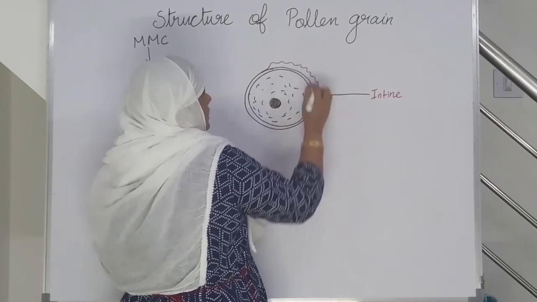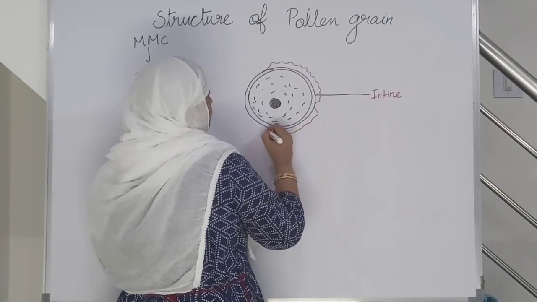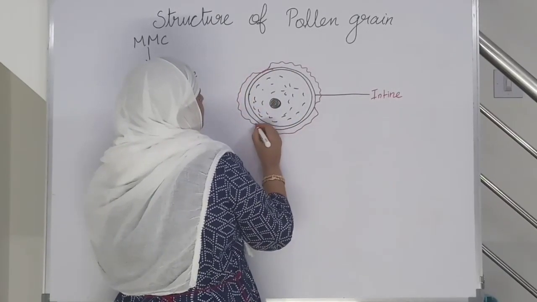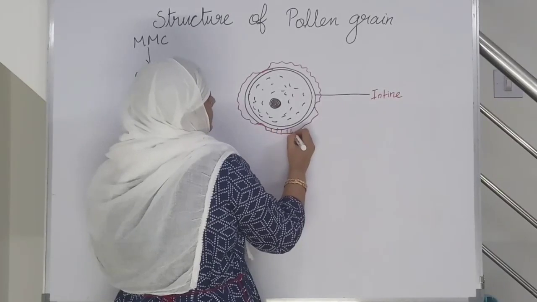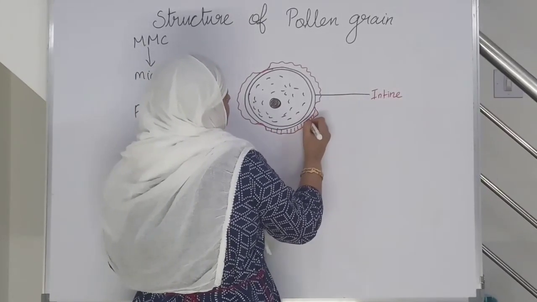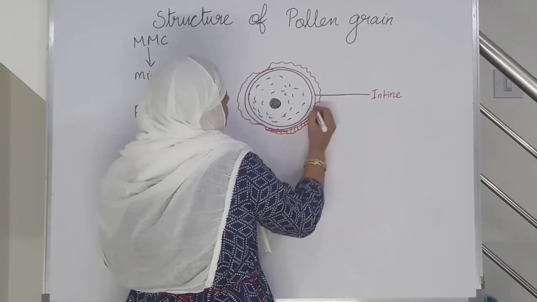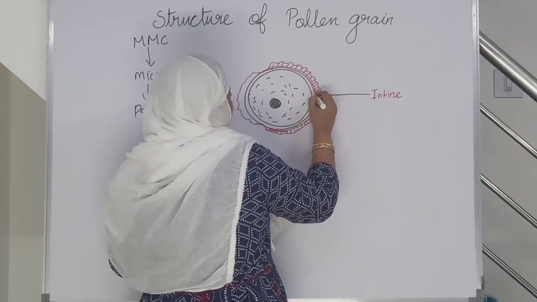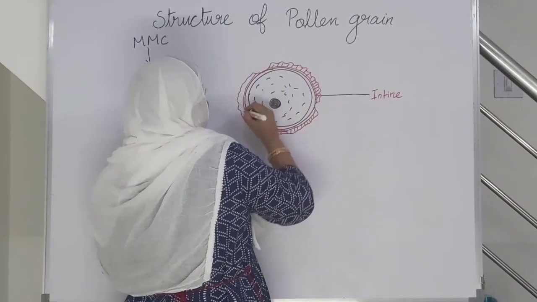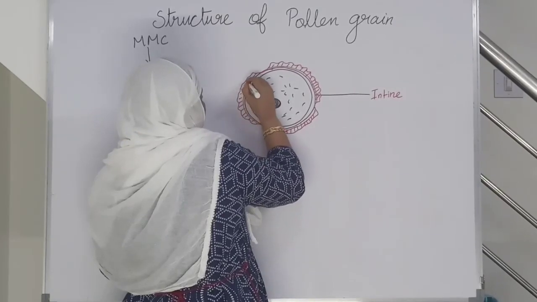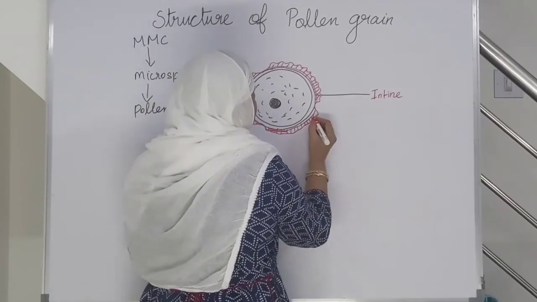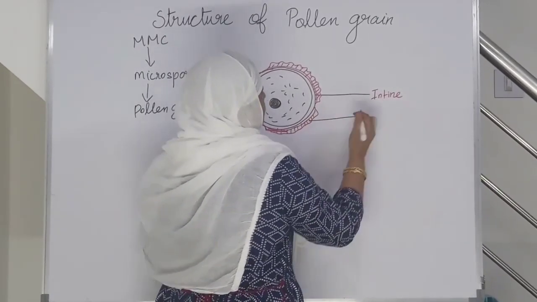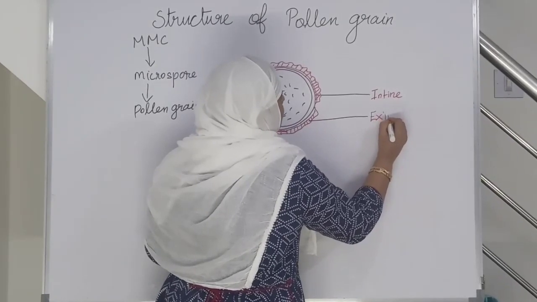It is not regular, it is irregular. This layer is called exine.